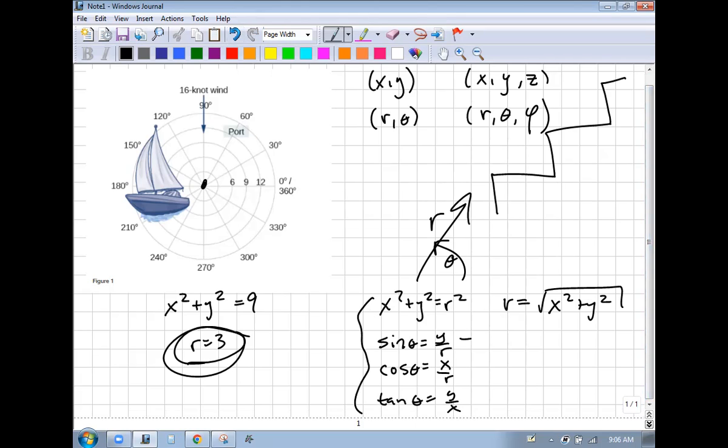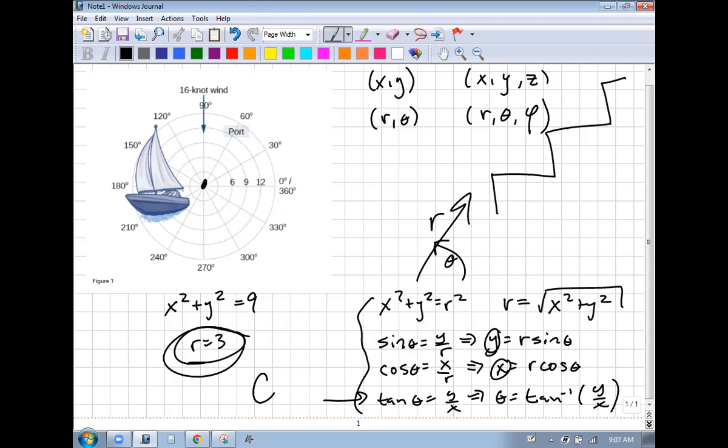These are the first four things we basically learn about trig. This one tells us that y is r sine theta. This one tells us that x is r cosine theta. So if we know r and theta, we can get y and x. And this one tells us that theta is tangent inverse of y over x. So if we know y and x, we can get theta.